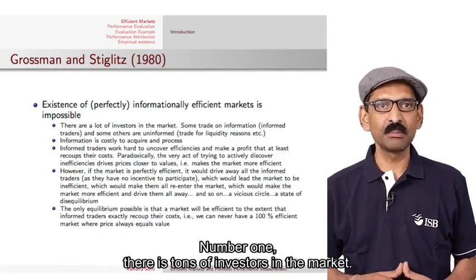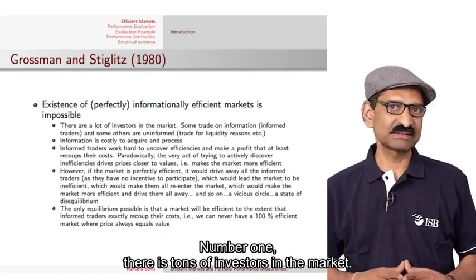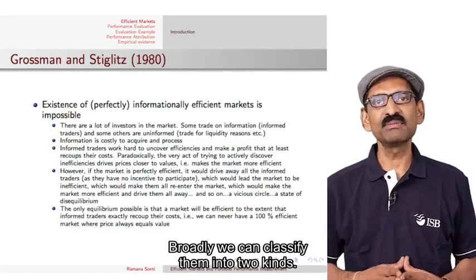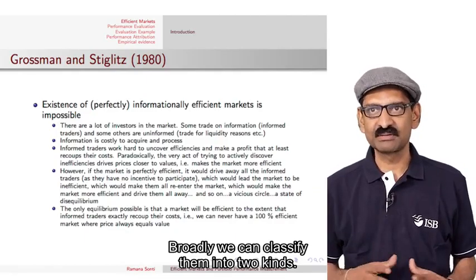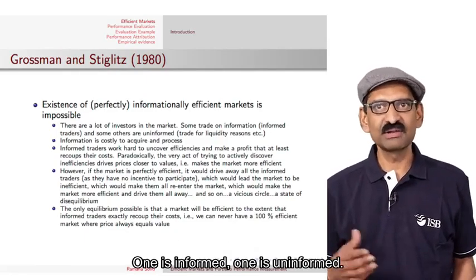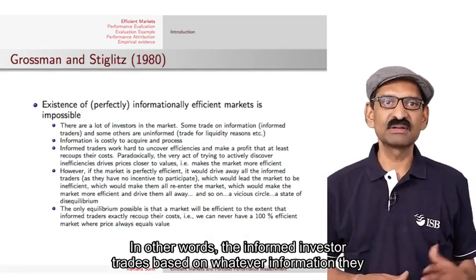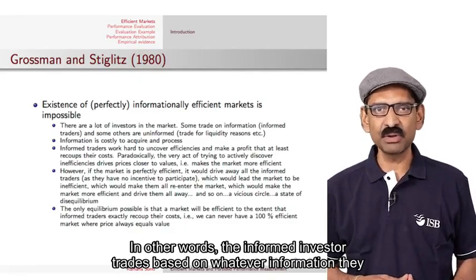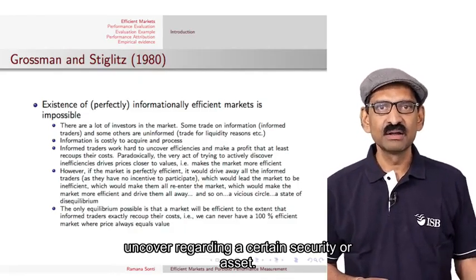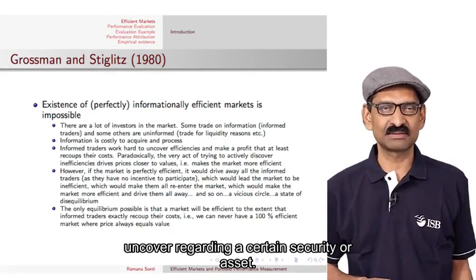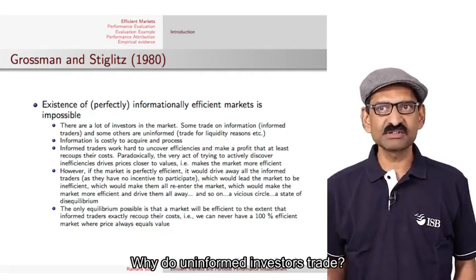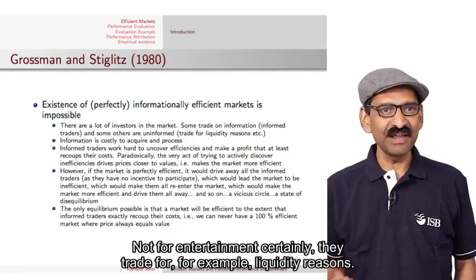Number one, there are tons of investors in the market. Broadly, we can classify them into two kinds. One is informed, one is uninformed. In other words, the informed investors trade based on whatever information they uncover regarding a certain security or asset. Why do uninformed investors trade? Not for entertainment, certainly.